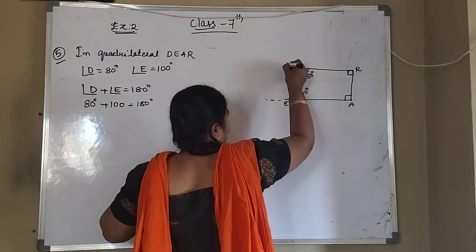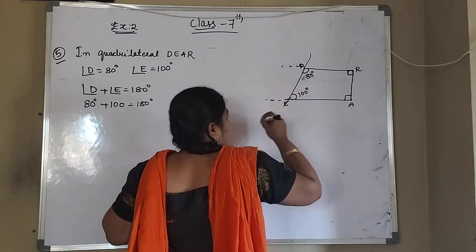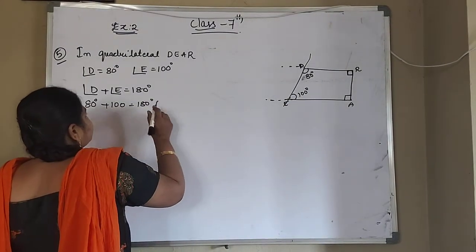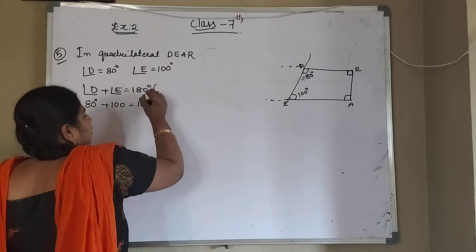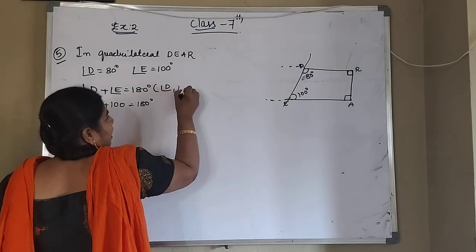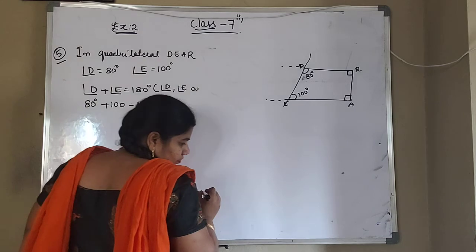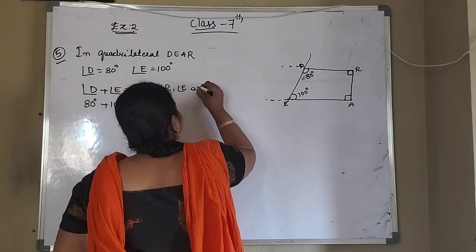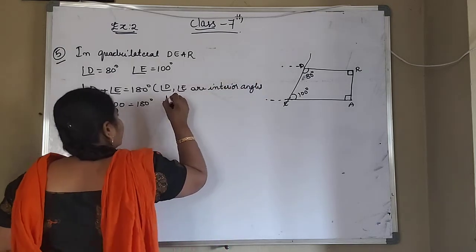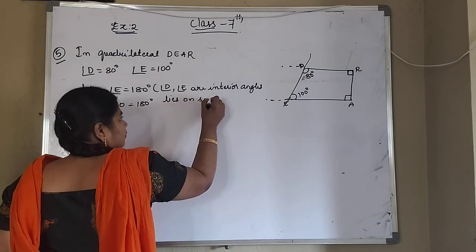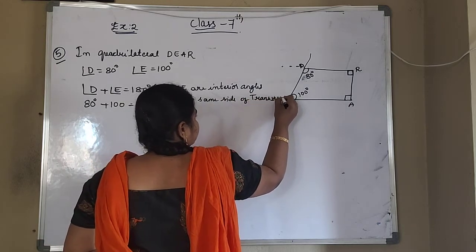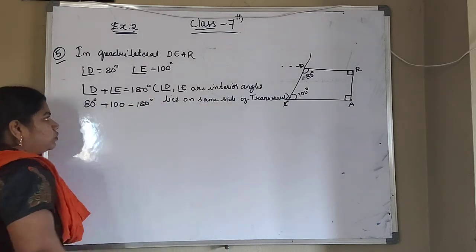If I extend this, it becomes a transversal, and these two angles lie on the same side of it. So angle D and angle E are interior angles that lie on the same side of the transversal. That's why the sum of the two angles is 180 here.